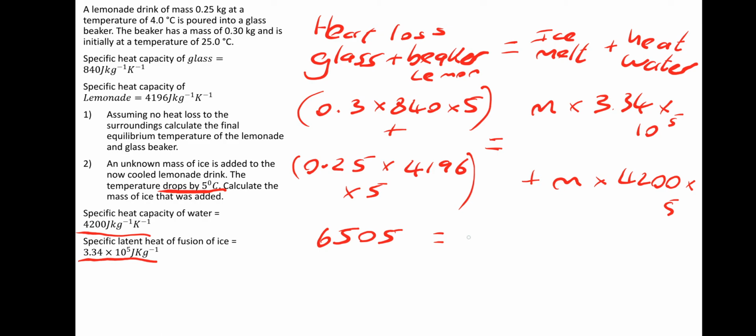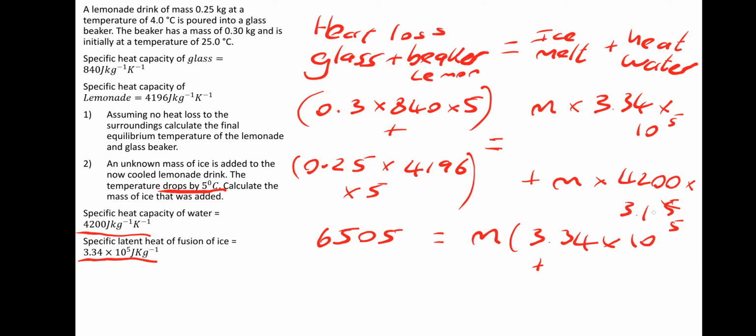So we're going to factorise this. So we're going to pull the M out, and then I've got 3.34 times 10 to the 5 plus 4,200 times, not times 5, times the change in temperature, 3.1.